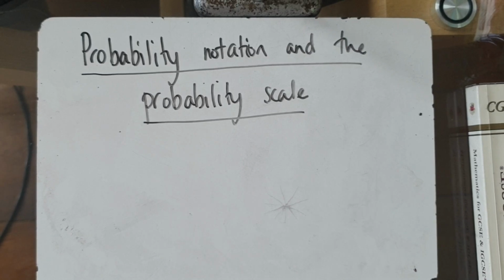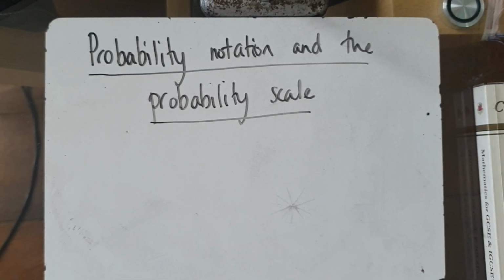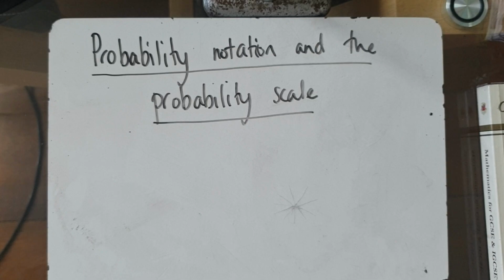The first thing we're going to need to define is what probability actually is. So why don't you pause the video, see if you can come up with a way of describing probability.